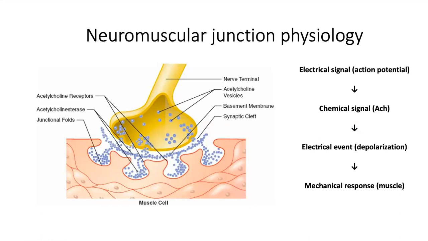The acetylcholine is conducted down the nerve fiber, and then the vesicles open up and release acetylcholine into the neuromuscular junction, the synaptic cleft in particular. The acetylcholine then migrates to and binds to the acetylcholine receptors. This then leads to depolarization at the level of the muscle, which then leads to muscle contraction.